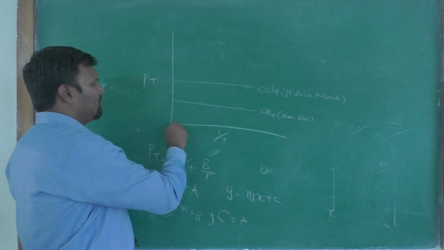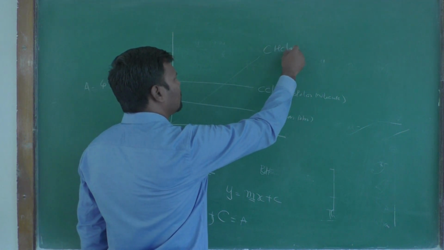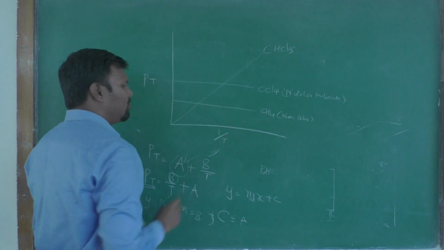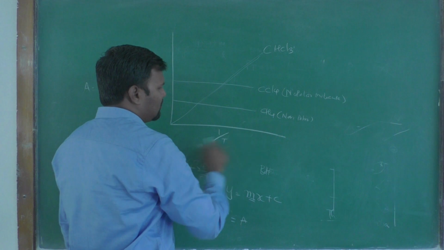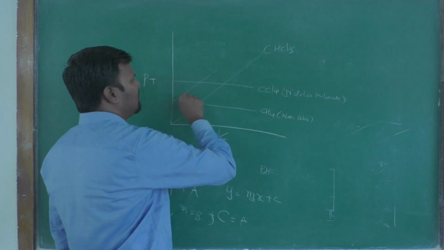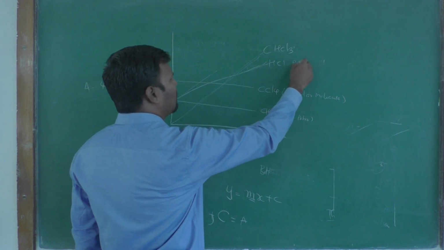For CHCl3, the polarization increases as 1 upon T goes on increasing, and for HCl it again increases because it is a polar molecule.